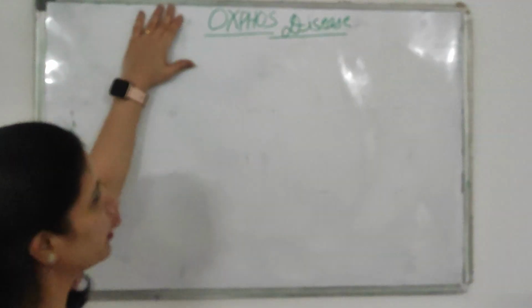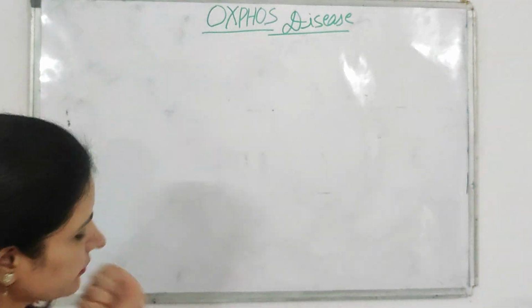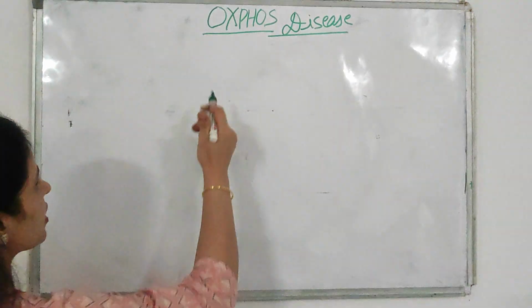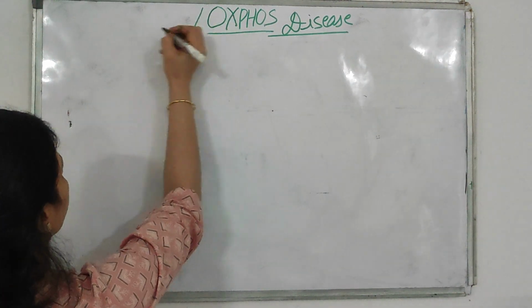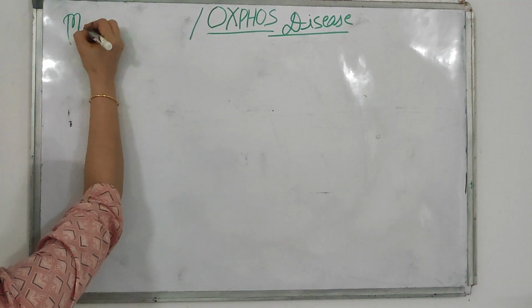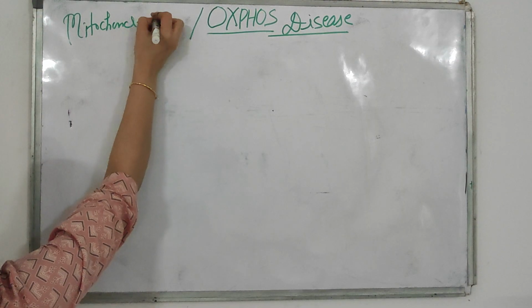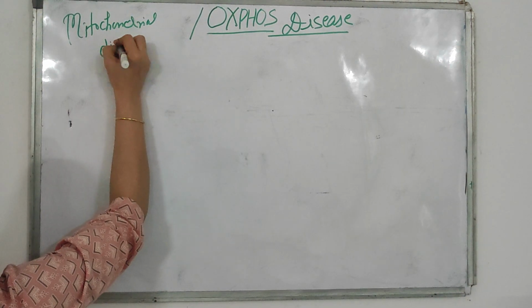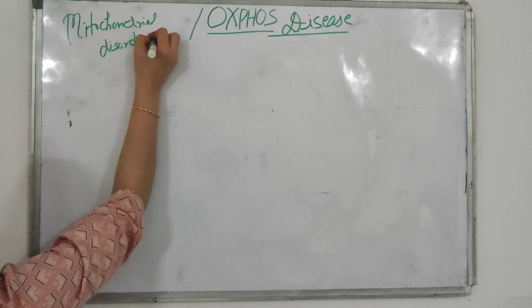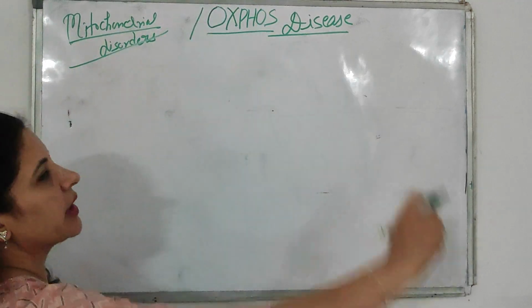We will understand what OXPHOS disease is. OXPHOS disease is also known as mitochondrial disorder. So either OXPHOS disease will come or the question can be asked as mitochondrial disorder. Both are the same thing.